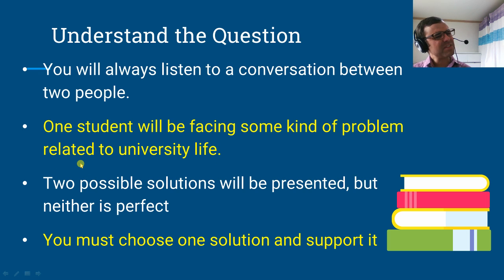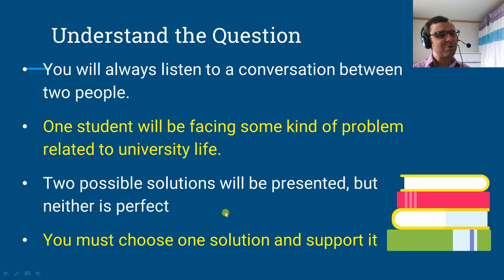This means something like they have a scheduling problem, there's a problem getting one of their assignments done, they're having a problem getting access to a lab, they're having a problem finding a book. It's some kind of common problem that a student would face in the real world.